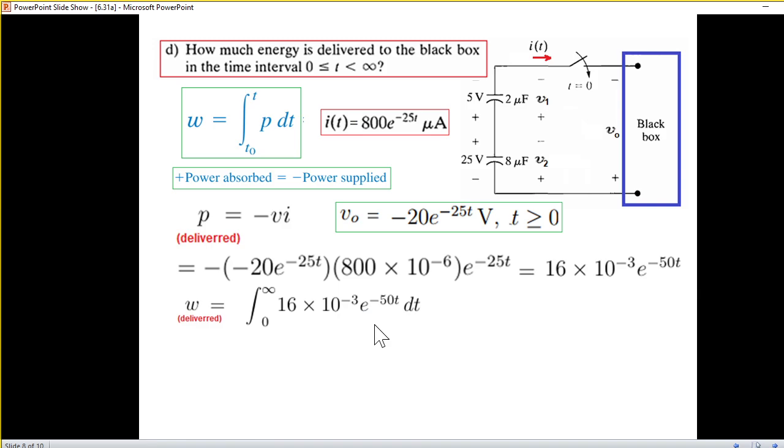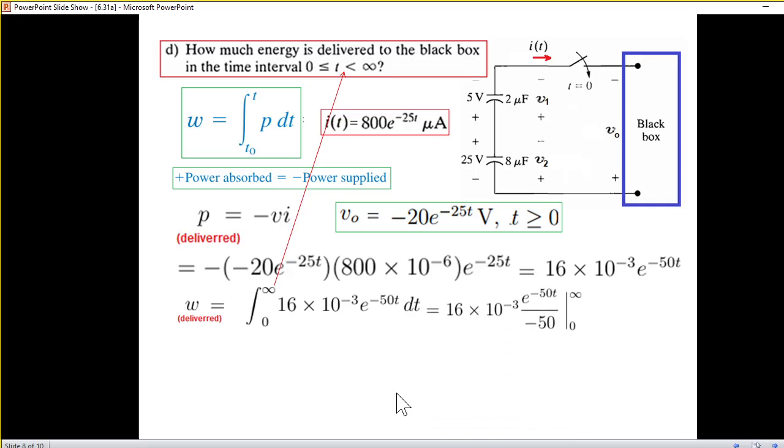And now we'll integrate to find the energy. This was the power. Now energy will integrate from 0 to infinity. Here it says t0 to t, but in our question, it is saying that we calculate from 0 to infinity. So we put the limit from 0 to infinity. And this was the power.